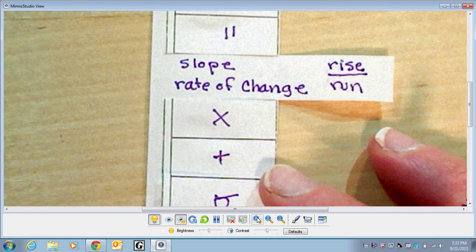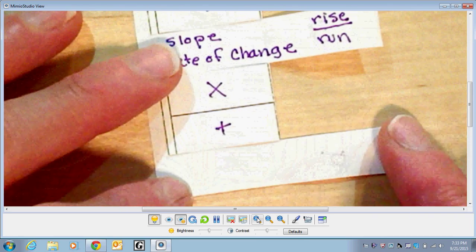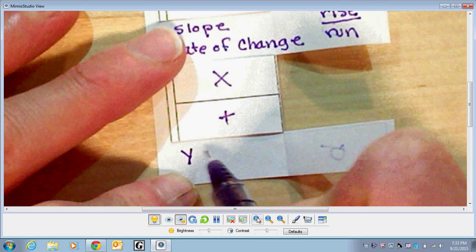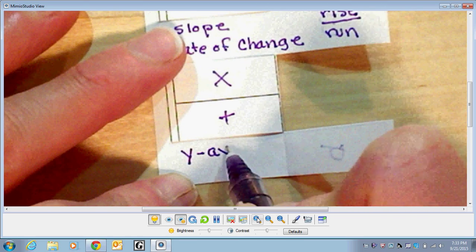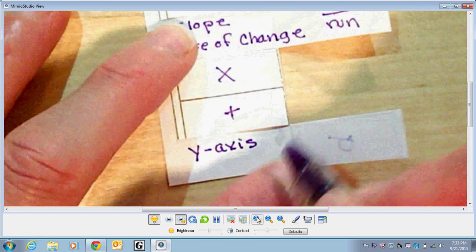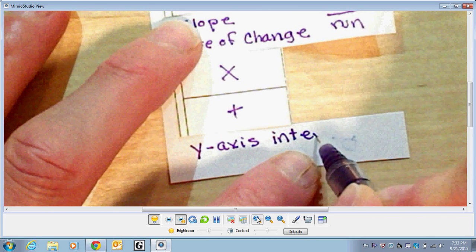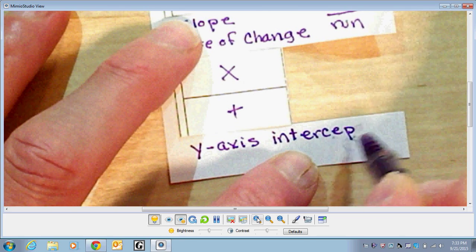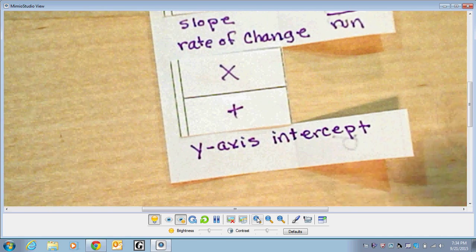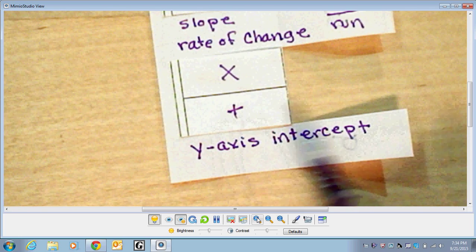So for B, we're going to open up B, and we're going to write this like this. We're going to say not just the y-intercept, we're going to say the y-axis intercept. Okay, the y, we usually just truncate it to say the y-intercept, but I want you to think of that as the y-axis intercept.